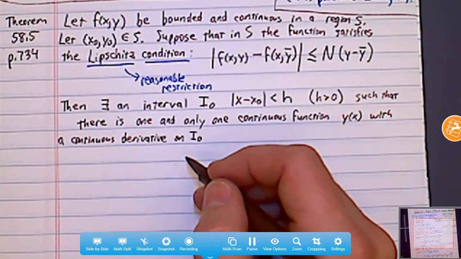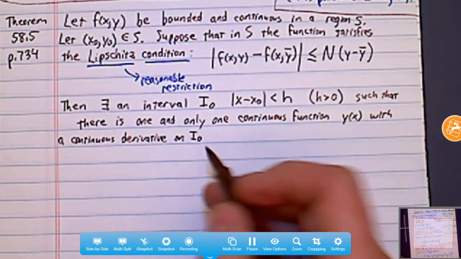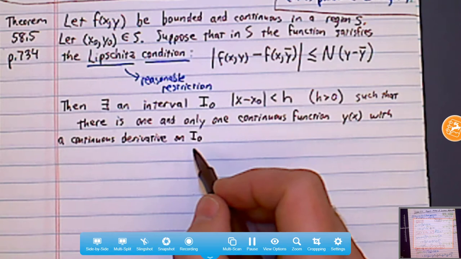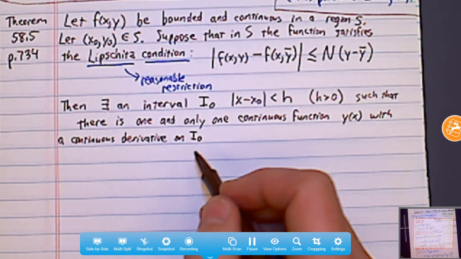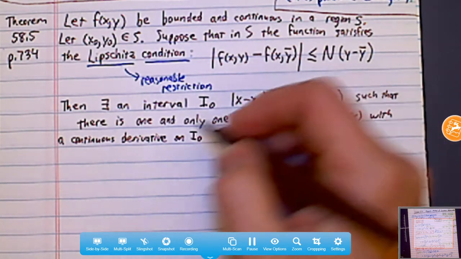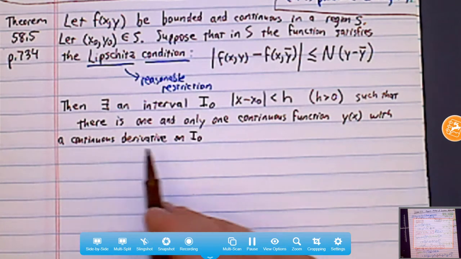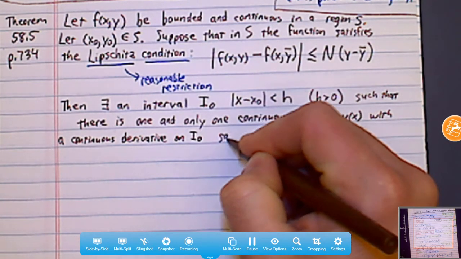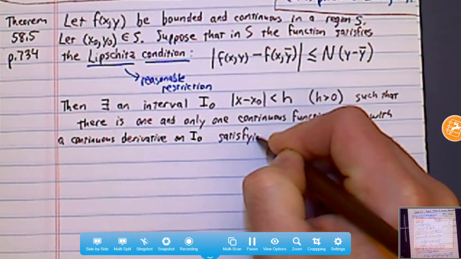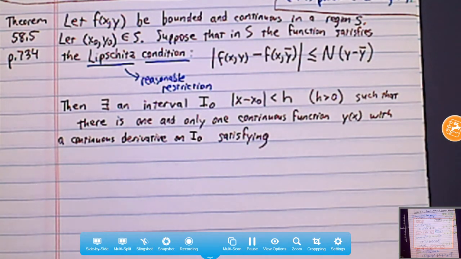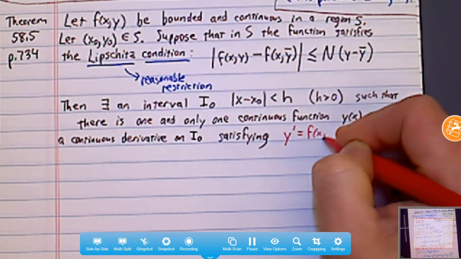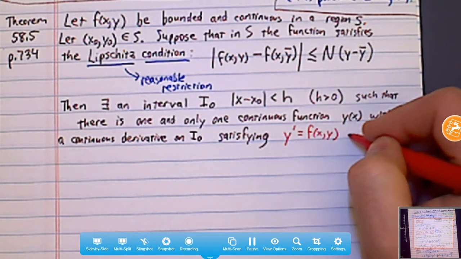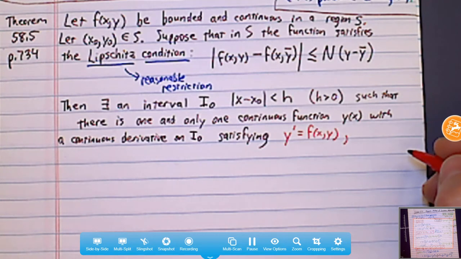Jimmy asked me before for the other problems, what's I? And he said, oh, it's interval. They put I-O. Do you guys know what the O stands for? What kind of interval? Open interval, that's right. These are open intervals. Okay, one and only one continuous function on this interval satisfying, and I'm going to write the conclusion here in a different color just to emphasize. Satisfying y prime is f of x comma y, and do you know what else I'm going to write besides that?